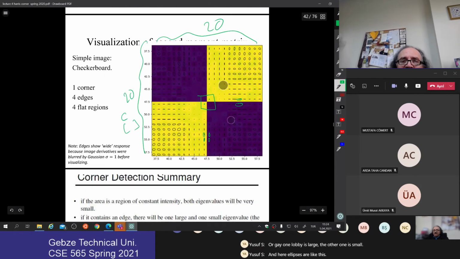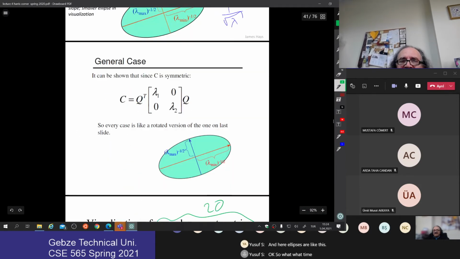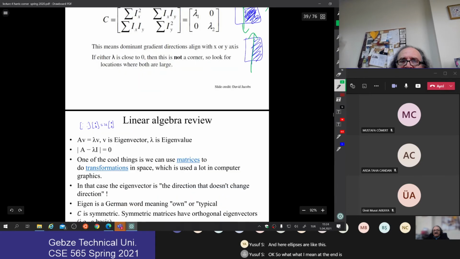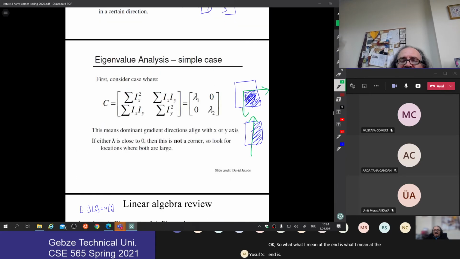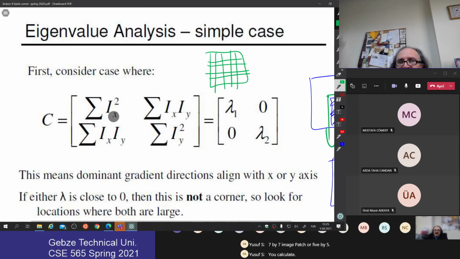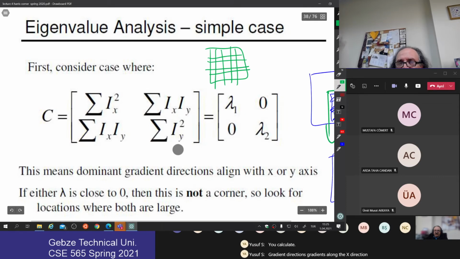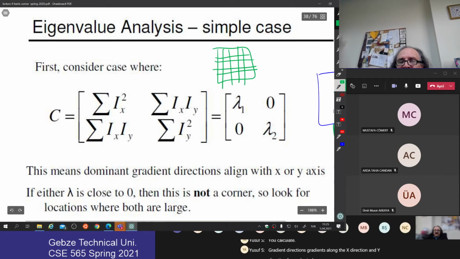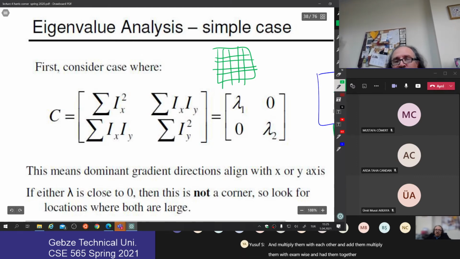So what I mean at the end is, if somebody gives you an image patch, 7 by 7 or 5 by 5, you calculate gradients along the x direction and y direction for each pixel, multiply them with each other and with x and y, and add them together. You get a 2 by 2 matrix.